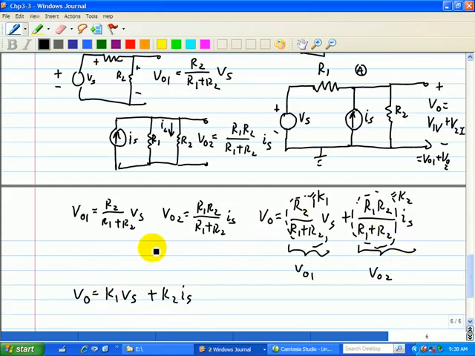The units of K1 is dimensionless and the units of K2 is ohms. So this illustrates the concept of additivity associated with this circuit.